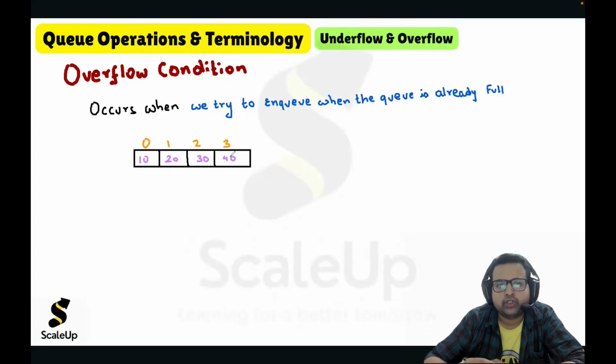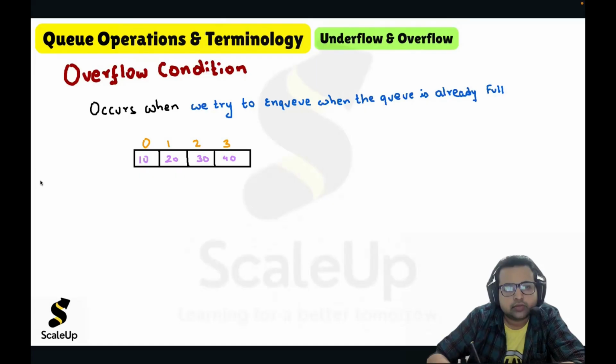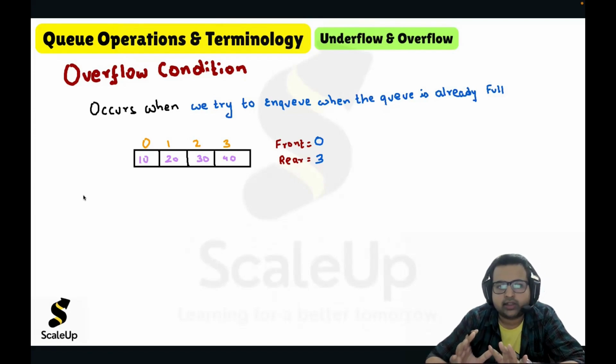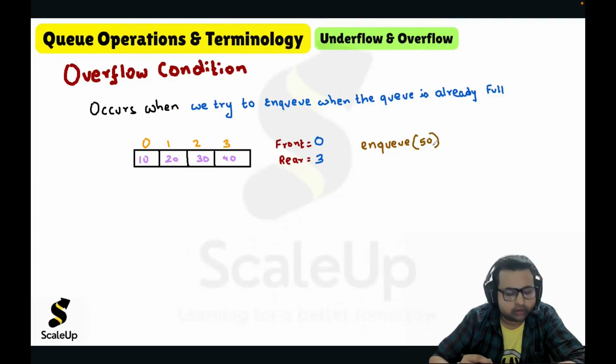I have a queue which is already full, and in this queue, front is 0, rear is 3. Definitely, no overflow condition has occurred here. In this particular scenario, the queue is very stable. But if you perform the operation enqueue 50, what will happen?